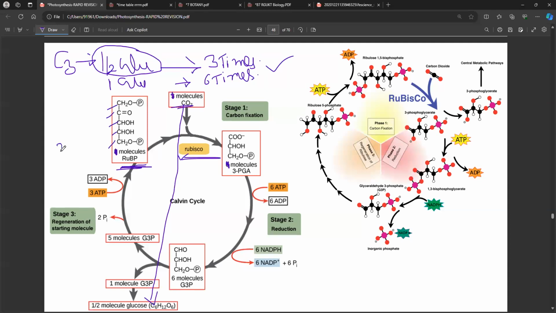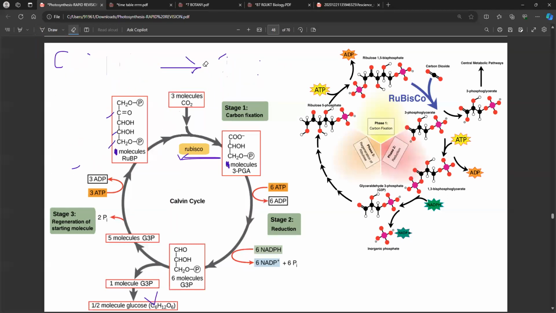So 3 RuBP, each one is how many carbon? 5 carbon. 3 into 5, 15 carbons. And 1 RuBP always accepts 1 carbon. 3 RuBP accept how many carbon? 3 carbon. So 15 carbon plus 3 carbon will become how much? 18 carbons.